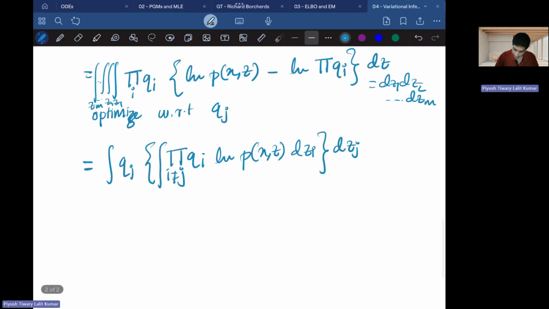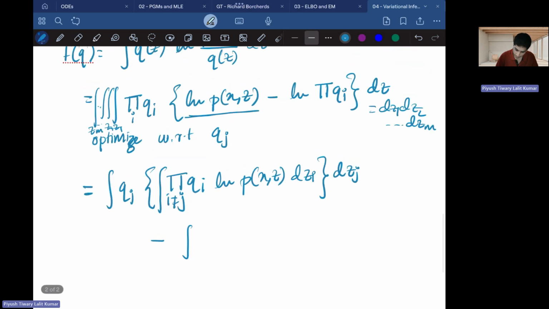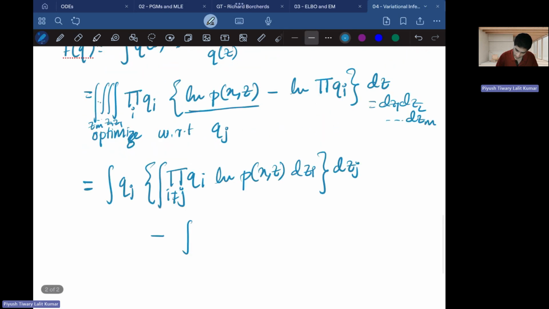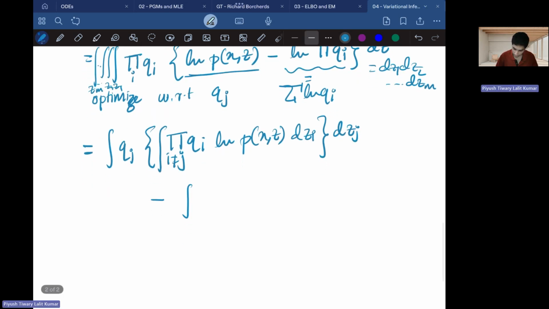This was the first term, corresponding to ln p(x, z). What will be the second term? Similarly, this ln of product of q_i is nothing but the summation of log of q_i, because log of product is sum of log.